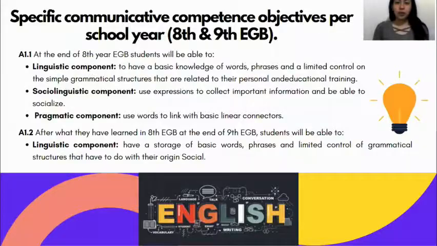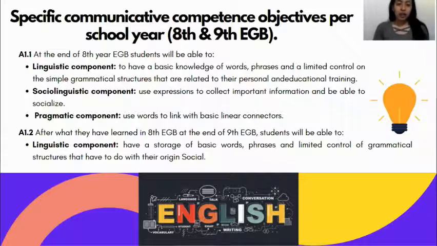Okay, well, I'm going to talk about the specific communicative competence objectives per school year, from 8th grade and 9th grade of Educación General Básica, EGB. Well, the first point.